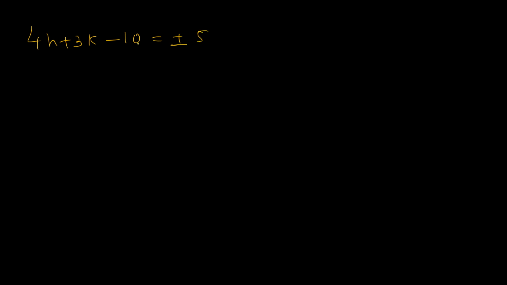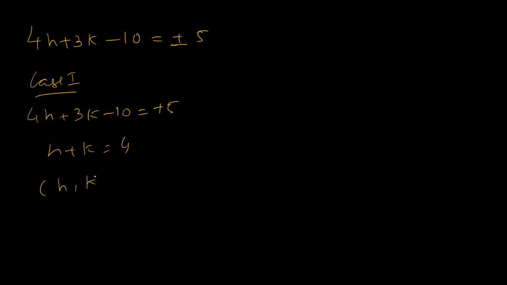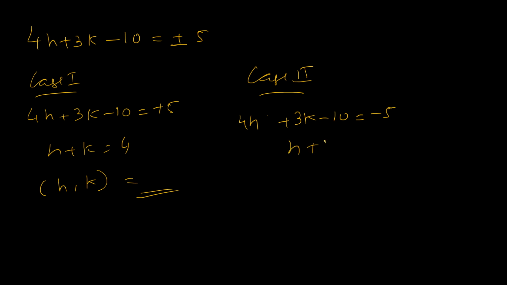So in this question you will have two cases. Case 1: 4h plus 3k minus 10 equal to plus 5, and also you have h plus k equal to 4, and you will find the values of h and k. That is one point. Case 2: 4h plus 3k minus 10 equal to minus 5, also h plus k equal to 4.